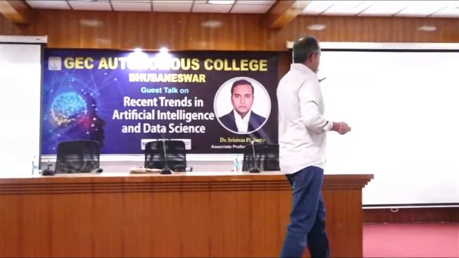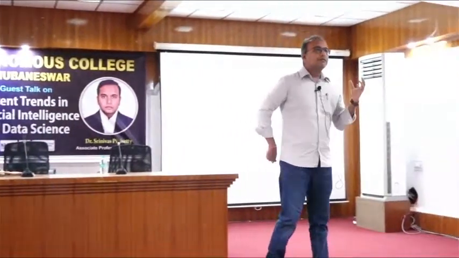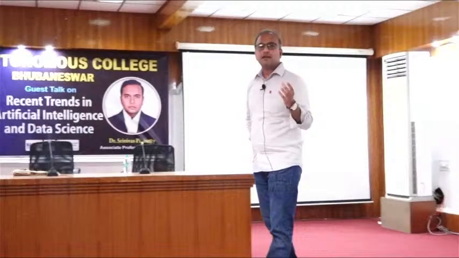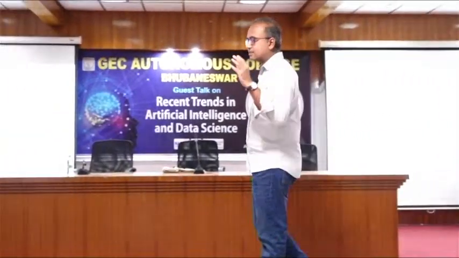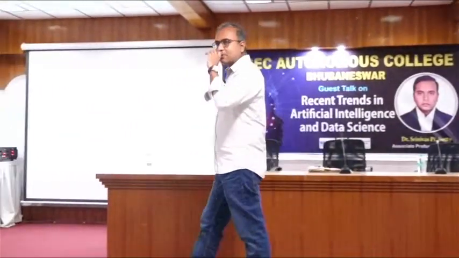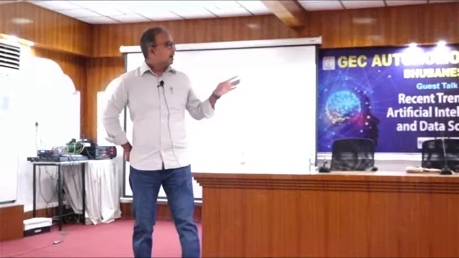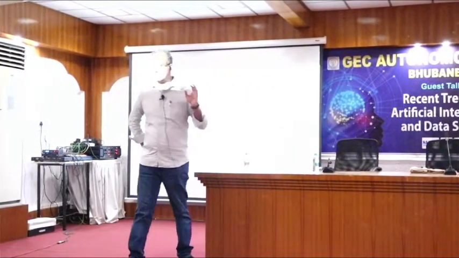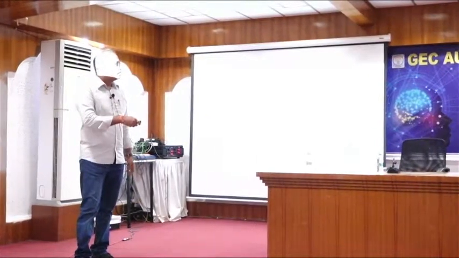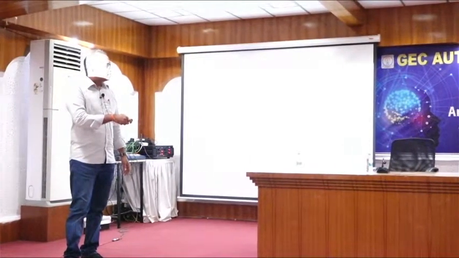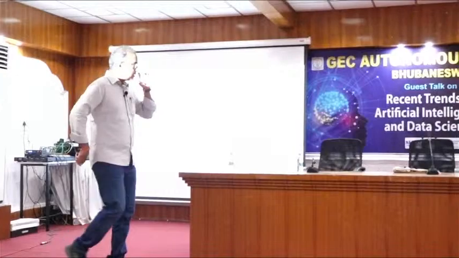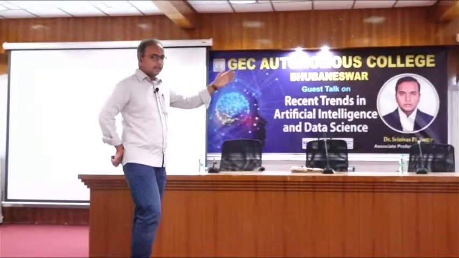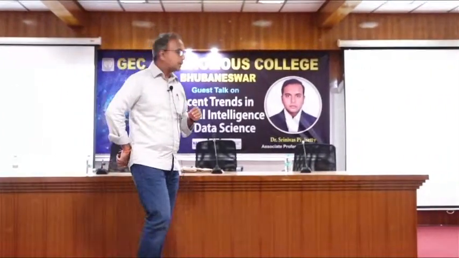So as I said, if you are thinking that this field of artificial intelligence is very new, that is a wrong perception, right? The field of artificial intelligence has been in existence for several decades. When was this term actually invented? The term came into existence in the 1950s, right?